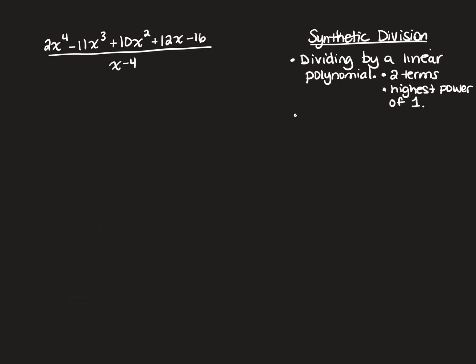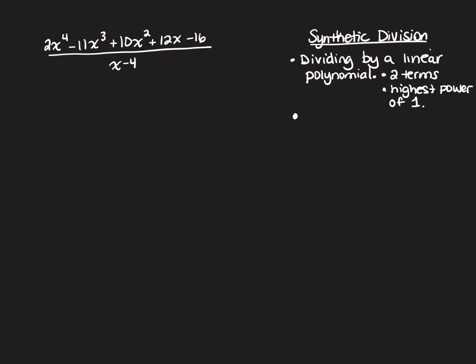The second thing that's important to remember is that if you're missing any terms, for instance, if, say for this particular problem, I didn't have this 12x here, so say my polynomial just went to -16, then I would have to put in a plus 0x here, because I need to make sure that, from where I start at an exponent of 4, I see every exponent represented.